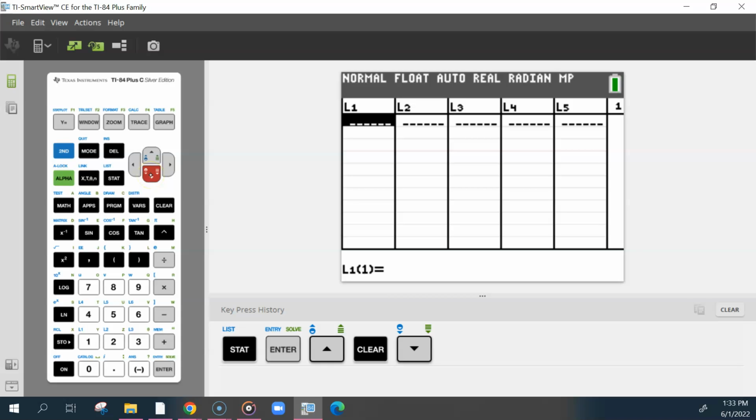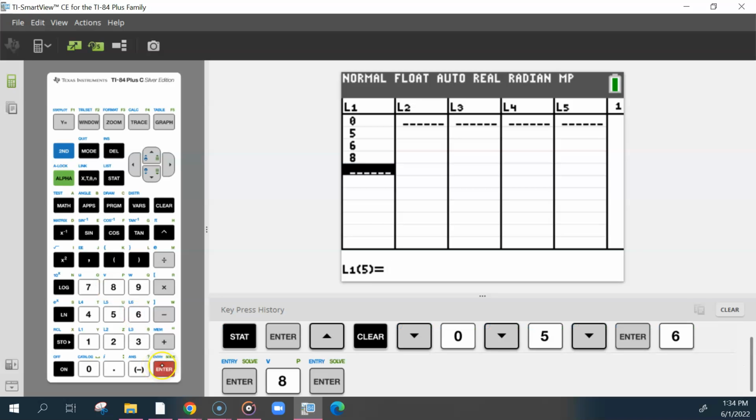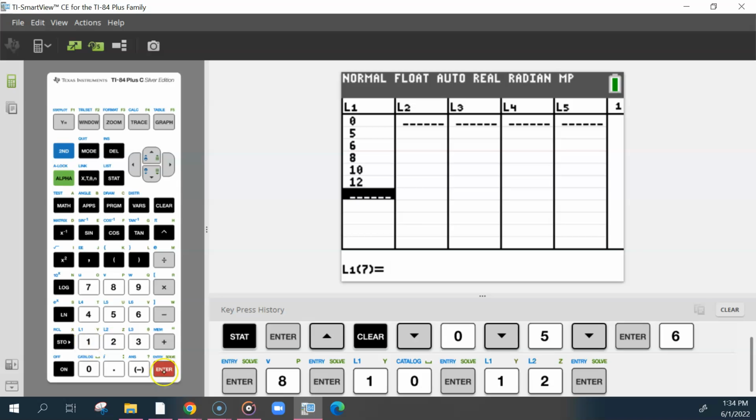Once you've cleared out both of those, go ahead and start putting your numbers in. Your years go in L1, then the marriage licenses go in L2. So 0, 5, 6, and then your marriage licenses in L2.